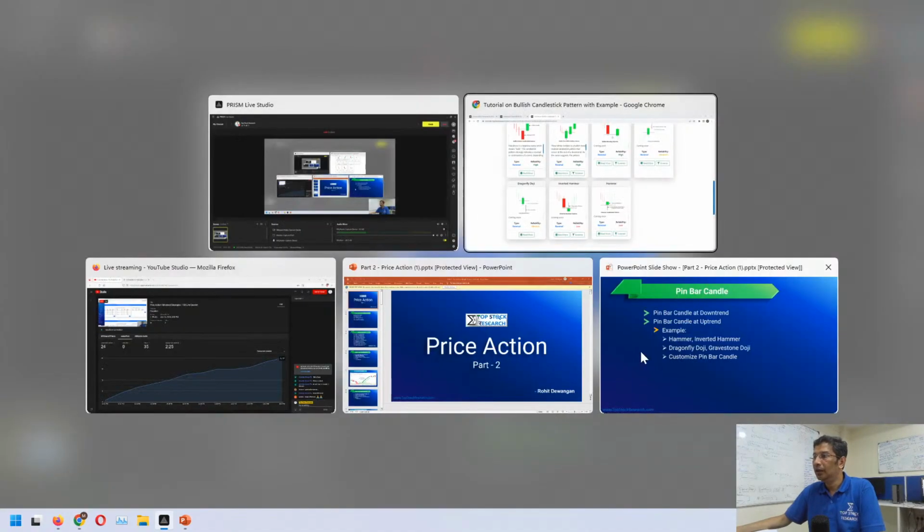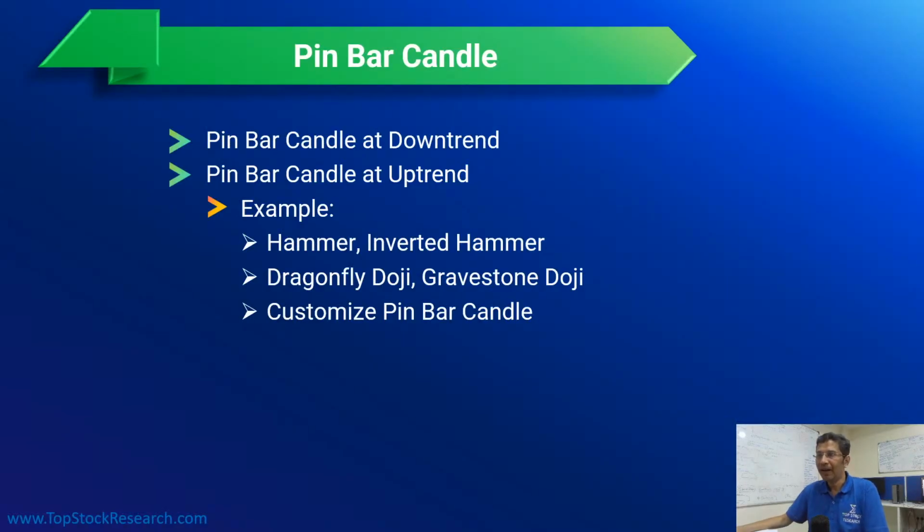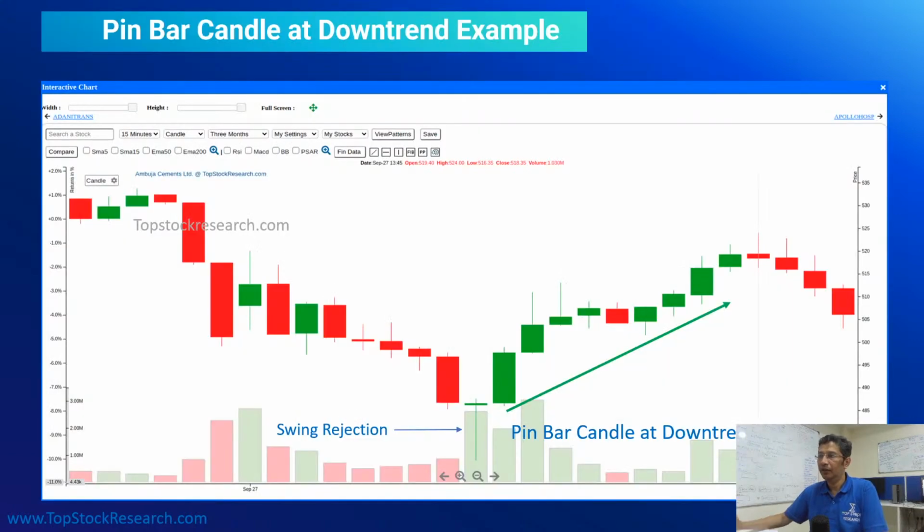So we'll get into pin bar candle, hammer, inverted hammer, and see certain examples. Where should you be looking? You remember in the morning session we tried to spot some of these. This is where a pin bar is formed, at the end of a downtrend movement.